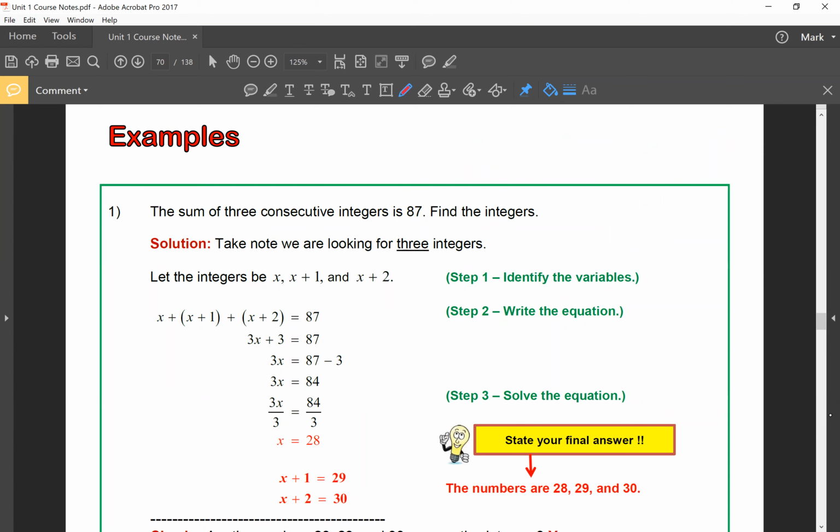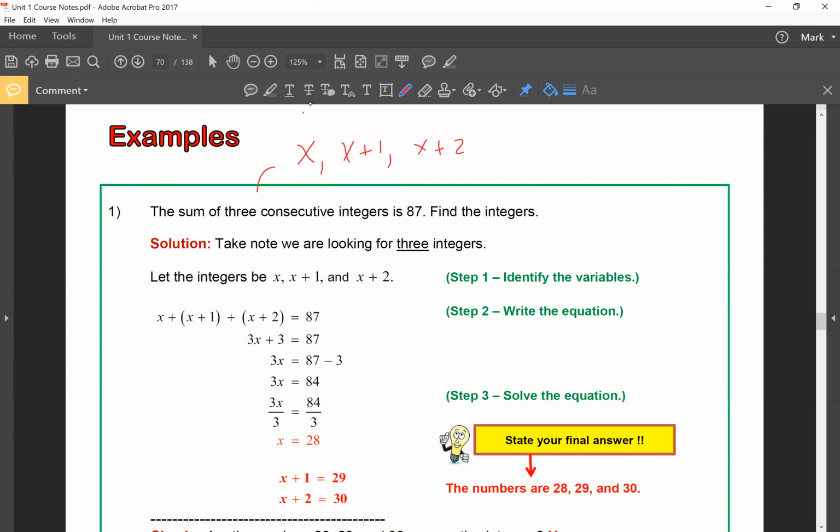So this is telling us how to set up our question, and it's telling us that it's equal to 87. So the sum of 3 consecutive integers. Our first integer is an unknown. Guys, notice that it doesn't say odd or even. Our second integer and our third integer are written like this.